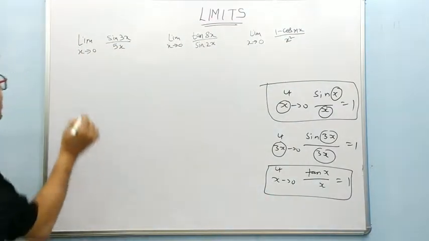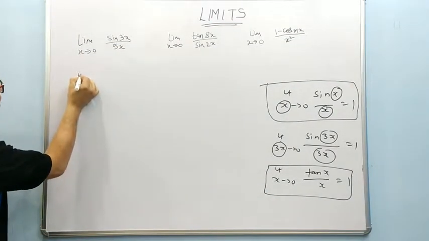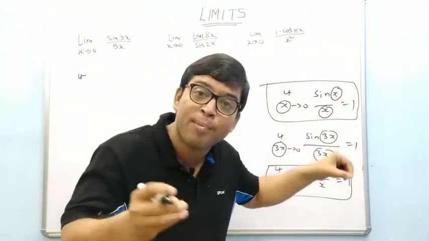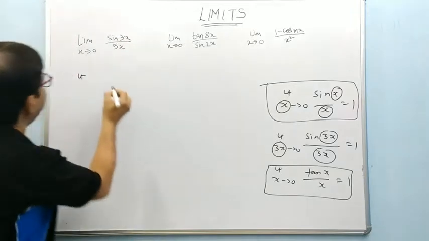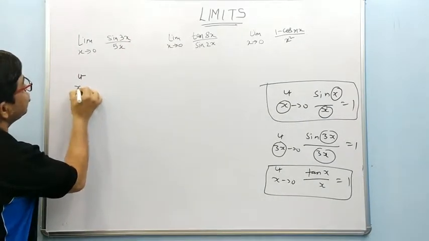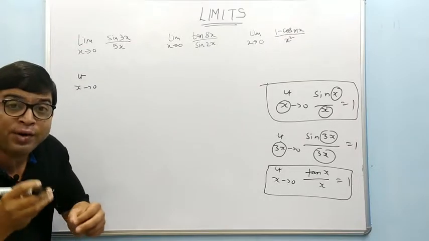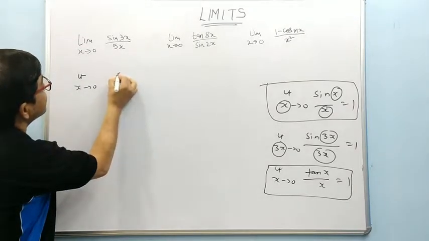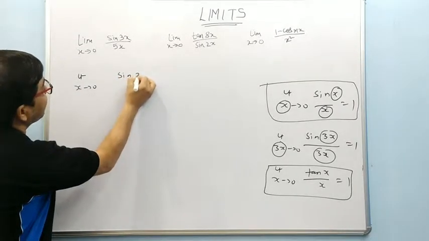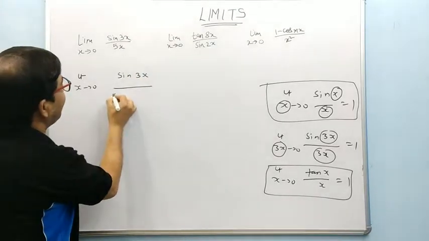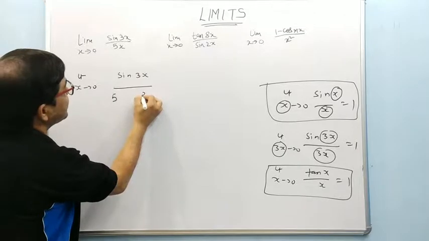In this question, limit x tends to 0, we have to bring it in the proper fashion. A little bit of adjustment is allowed. See how I am writing. Sin 3x is here, so what do I need here? 3x. 5 I am writing here, so x is left over.